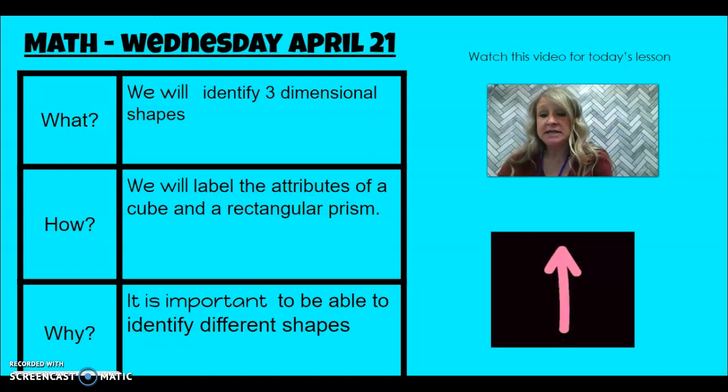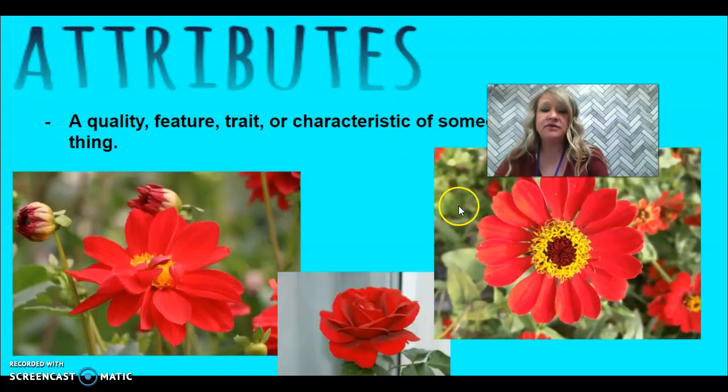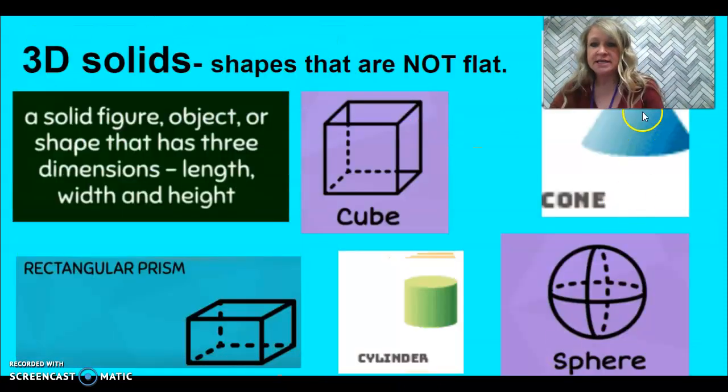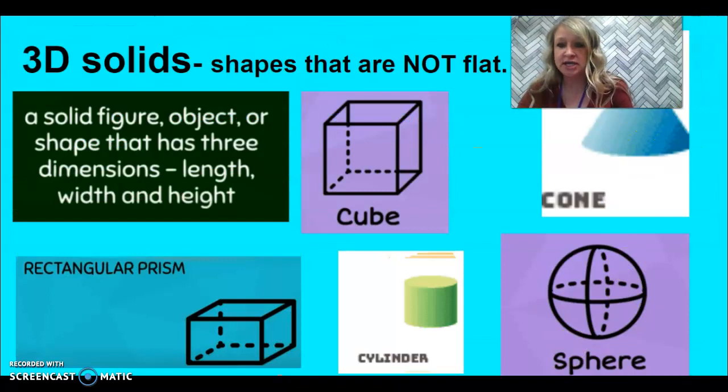So today we will identify 3-dimensional shapes. We will label the attributes of a cube and a rectangular prism because it is important to be able to identify different shapes. Let's review our vocabulary. Attributes. Say attributes. 3D solids. Say 3D solids.